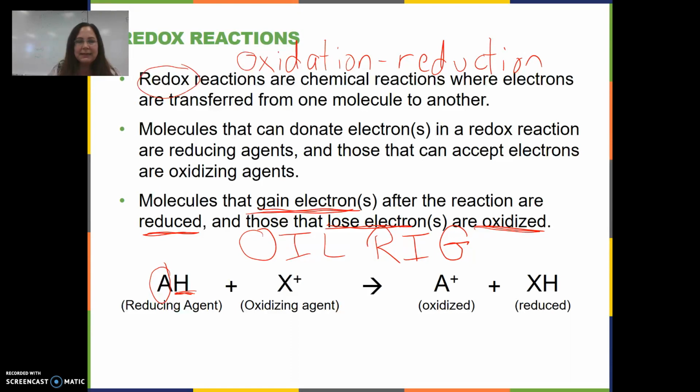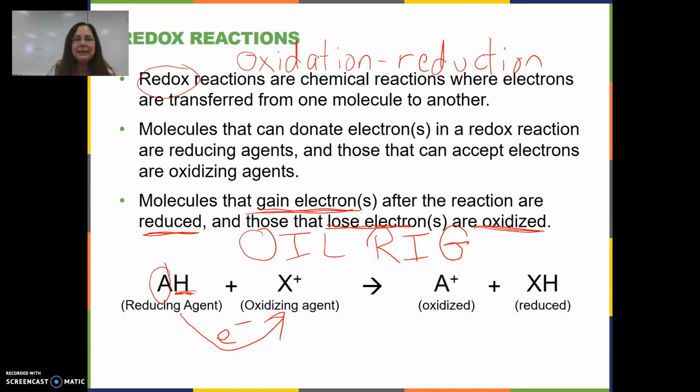That's it. It doesn't contain any neutrons. So if a hydrogen is transferred to this chemical X, it's donating an electron. It's an electron donor. So it's called the reducing agent because it's causing X to gain electrons.